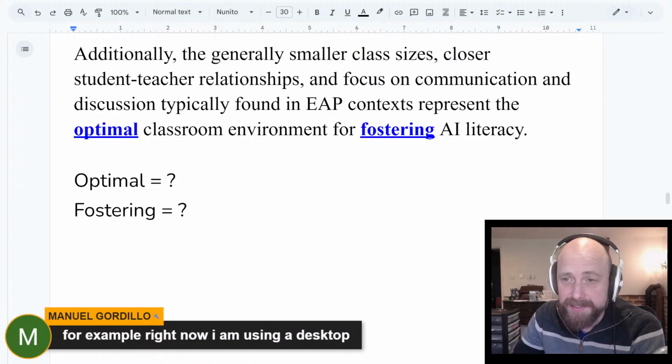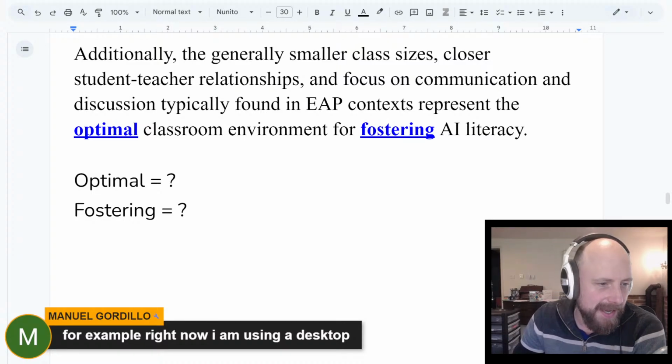So EAP has small classes. We have a strong student-teacher relationship. There's a focus on communication and discussion. That's all very good. But what do we mean by optimal classroom environment? And what do we mean by fostering AI literacy?